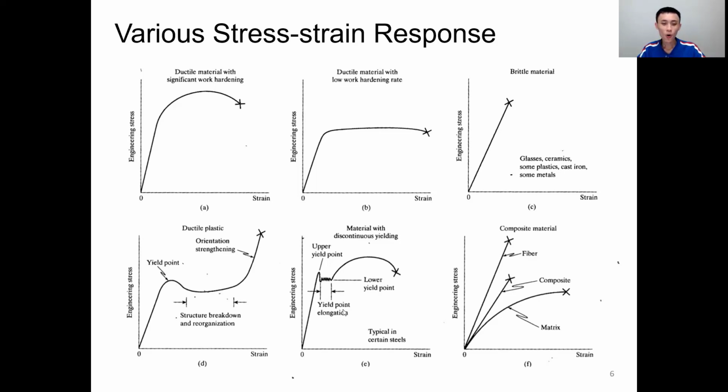Also the yield point could be discontinuous. So materials like this have a discontinuous yielding area. And for composites and fibers, the stress-strain curve could behave like this.